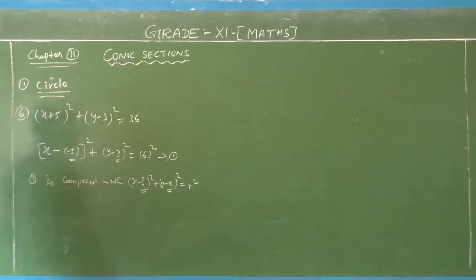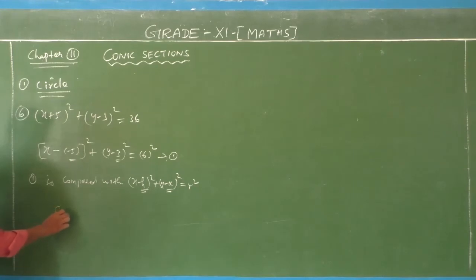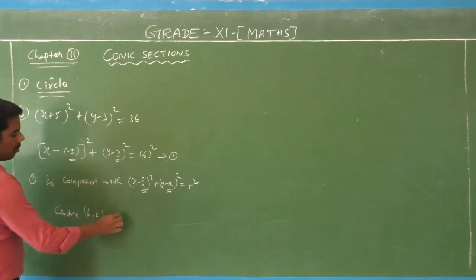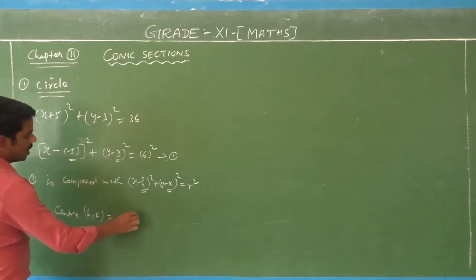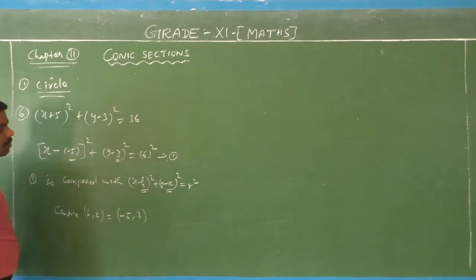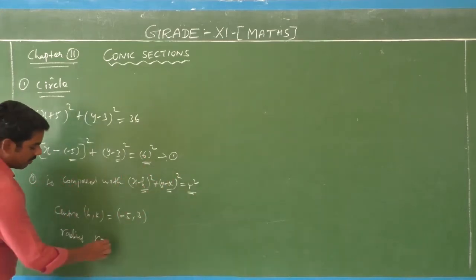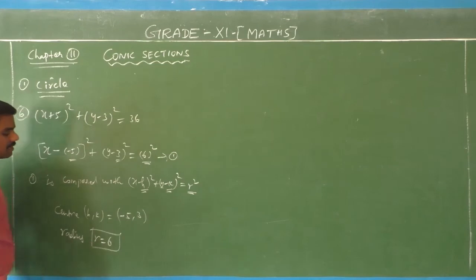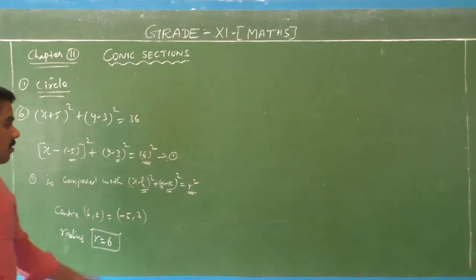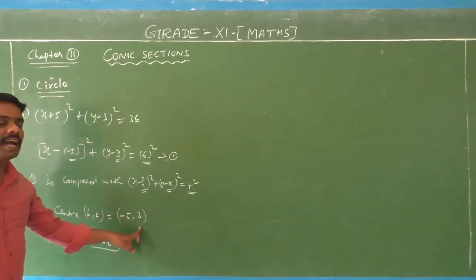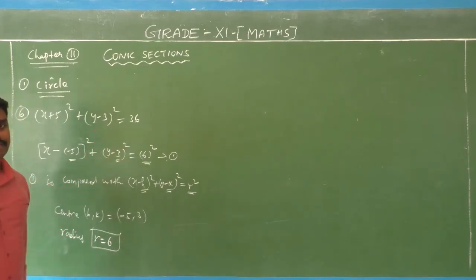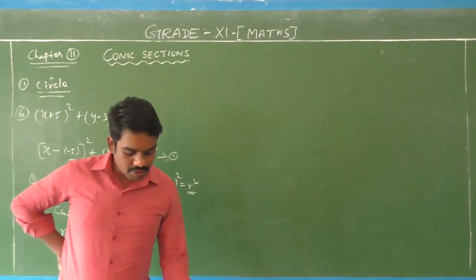So the center of the circle (h, k) is (minus 5, 3), and the radius r is equal to 6. Therefore, the center of the given circle is (minus 5, 3) and the radius is 6. Okay, right.